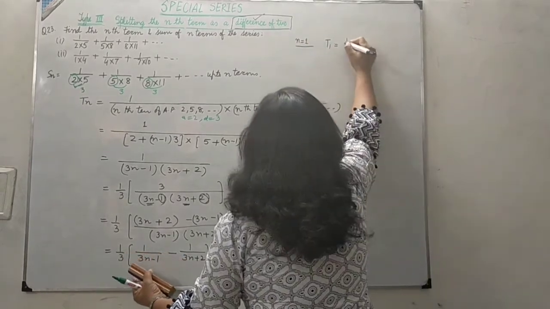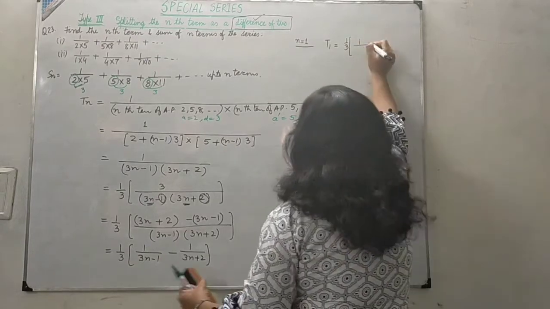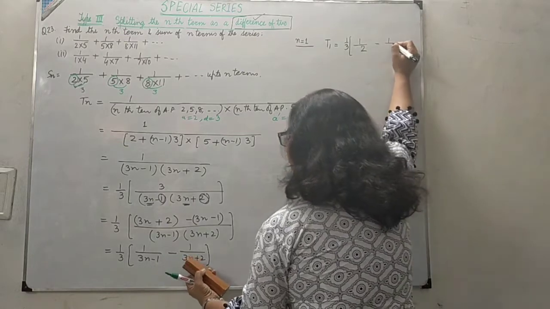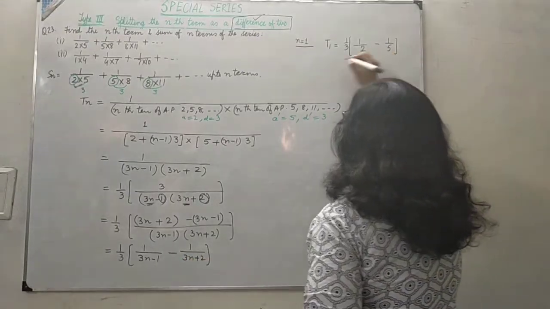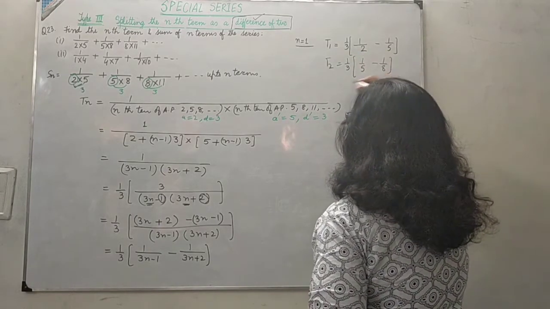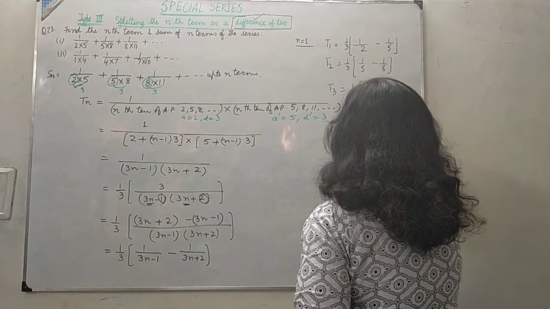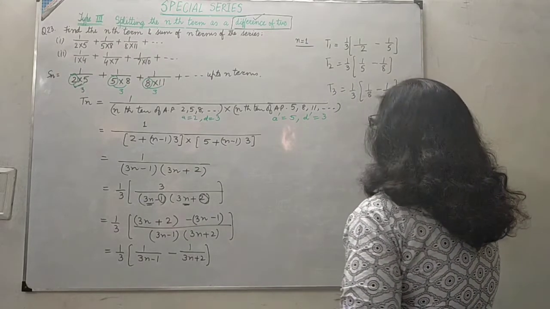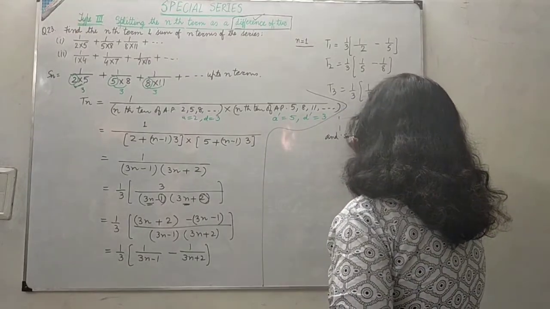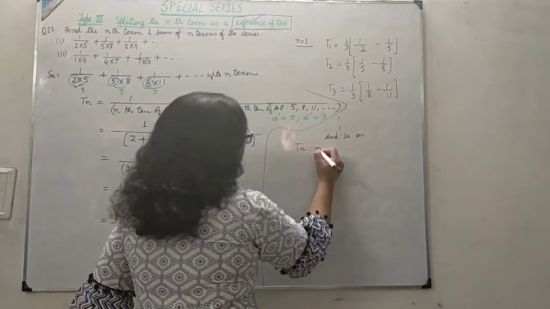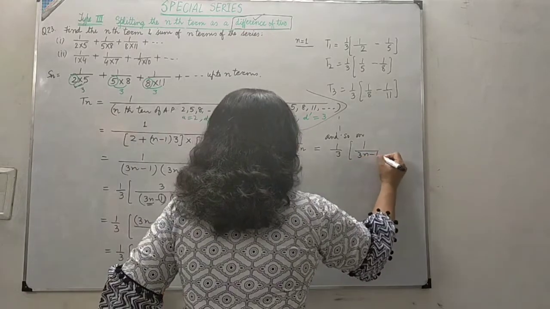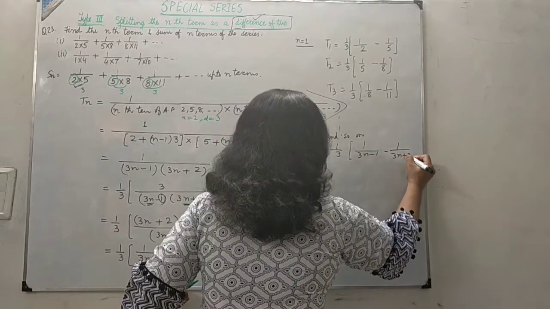So t1 will become 1 by 3 common outside, 1 upon 3 into 1 minus 1, that is 2, minus 1 by 3 into 1 plus 2, that is 5. And then t2 will become, the same way, 1 by 5 minus 1 by 8. t3 will become 1 by 3 into 1 by 8 minus 1 by 11. And this will go on and so on till tn. tn is 1 by 3 into 1 upon 3n minus 1 minus 1 upon 3n plus 2.